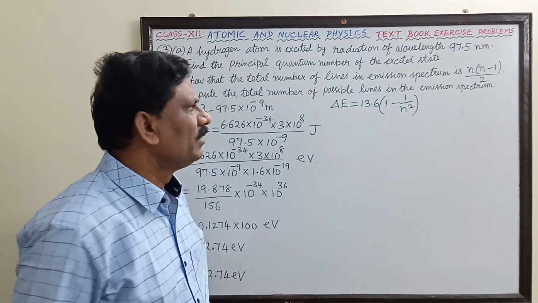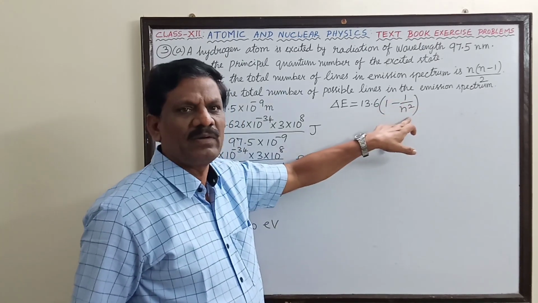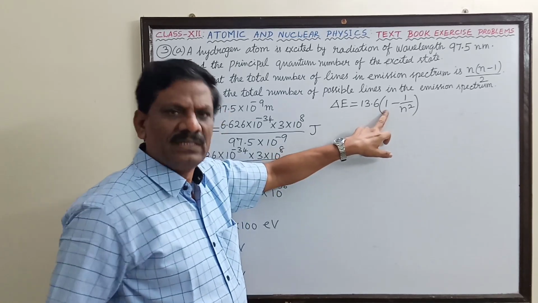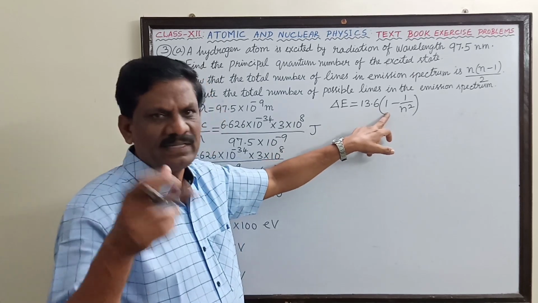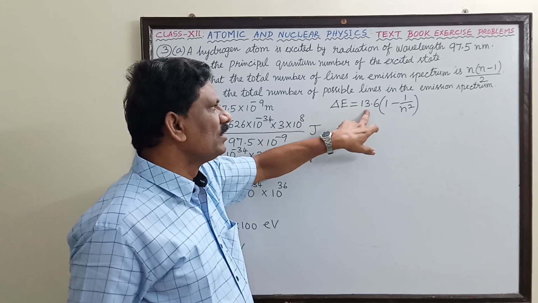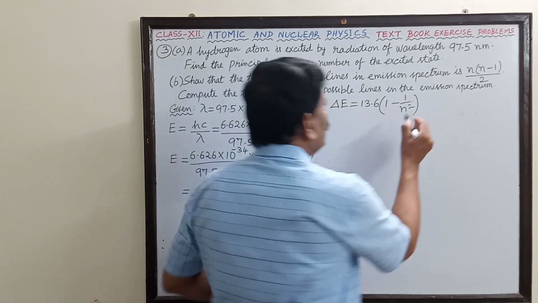In the normal formula, it is 13.6 into 1 by n square minus 1 by m square, okay, where m is the higher energy state, n is the lower energy state. Here actually m is replaced by n and n is replaced by 1, that is ground state. Therefore, this energy is also equal to ground state energy 13.6 into 1 minus 1 by n square, okay.